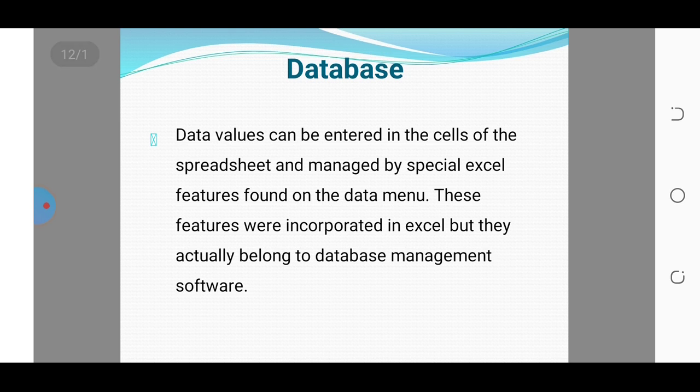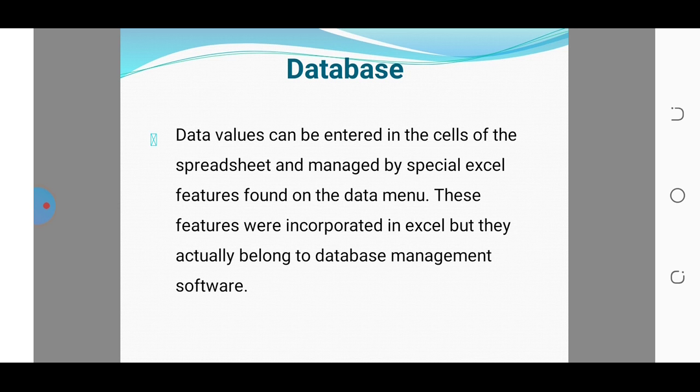Okay, the other component, we said we have 3 components. We've looked at the worksheet. The other one is a database. In this, data values can be entered in the cells of the spreadsheet and managed by special Excel features found on the data menu. These features were incorporated in Excel, but they actually belong to database management software.